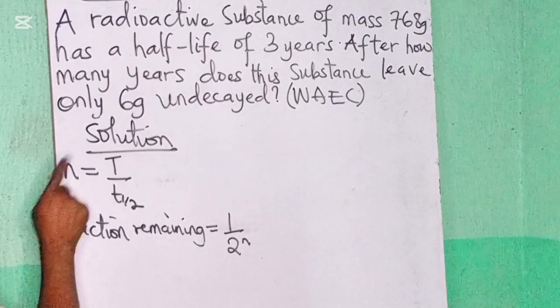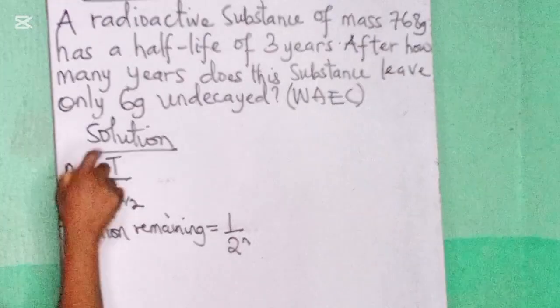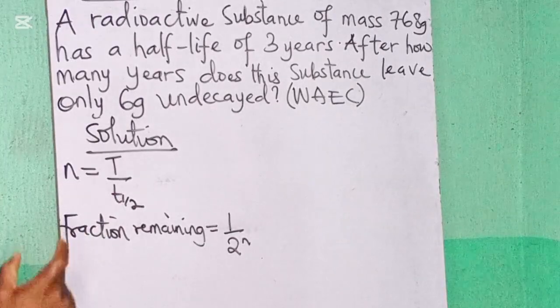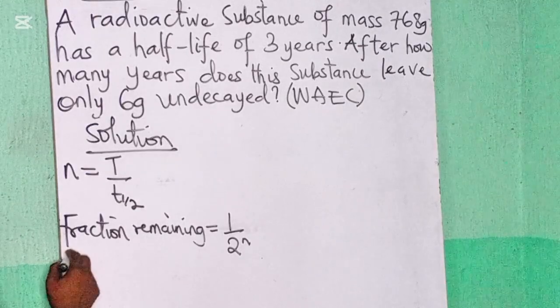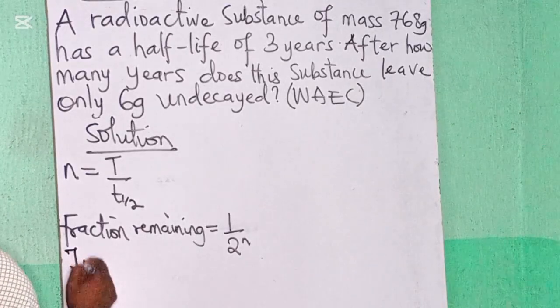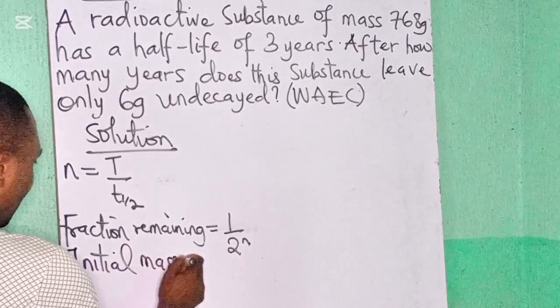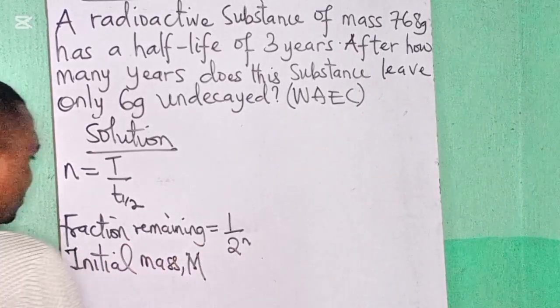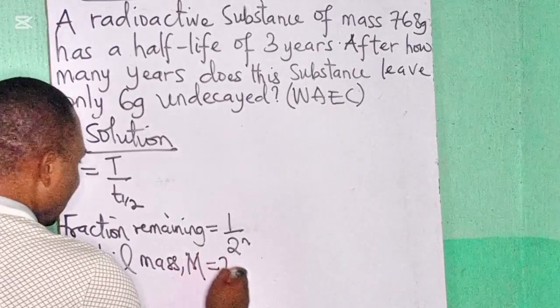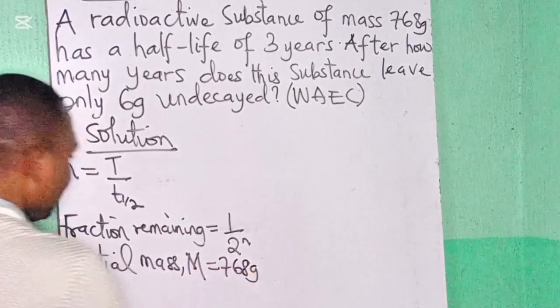Now, if you look at this, we are having the initial mass of the radioactive substance. The initial mass, that is capital letter M, is 768 gram.